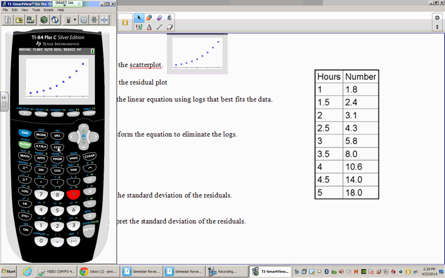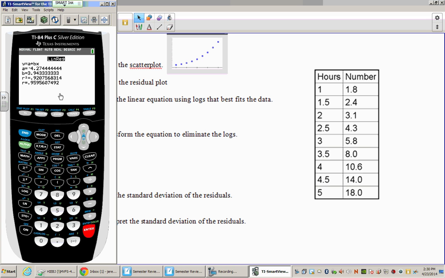So I hit Stat, go over to Calc. I'm going to do a linear regression. I like number 8 because B is the slope, and that's typically what we're used to. Linear regression L1, comma L2. And you actually don't even need to do L1, L2 if those are the lists that you're doing. All right, here is my linear regression.